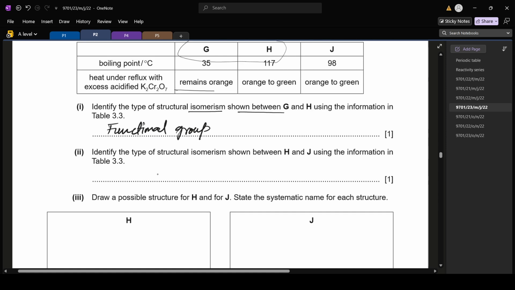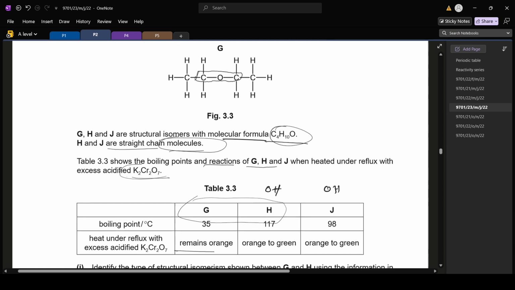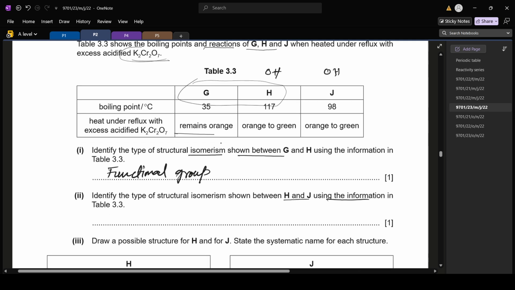And identify the type of structural isomerism shown between H and J. H and J are both straight chain molecules, so there must be position isomerism, because the position of the functional group in H and J will be different. Okay, so in H and J there will be positional isomerism.